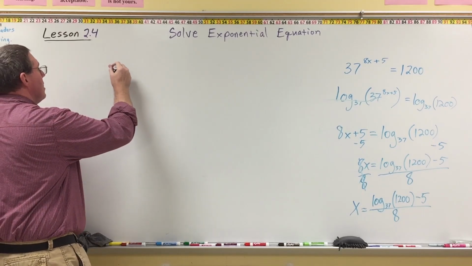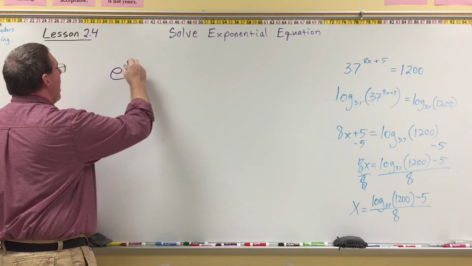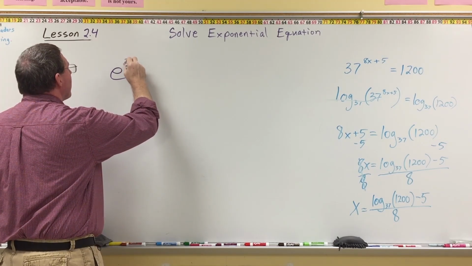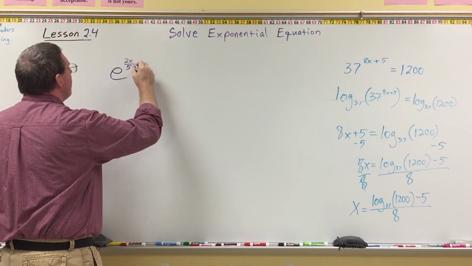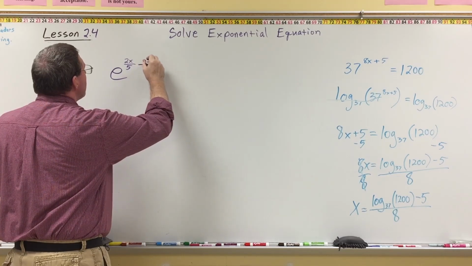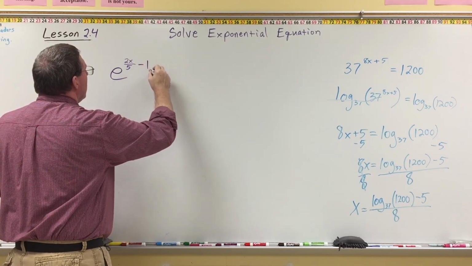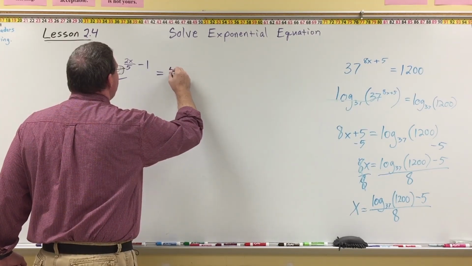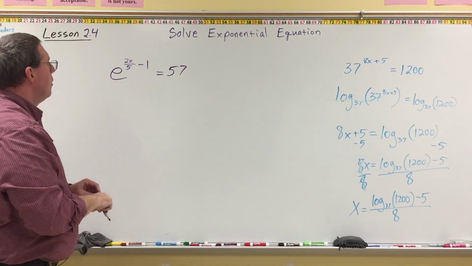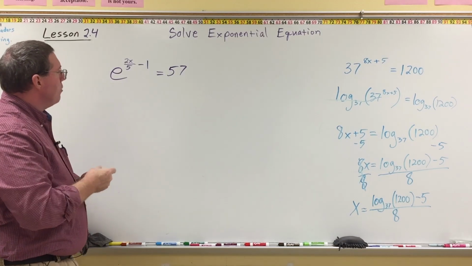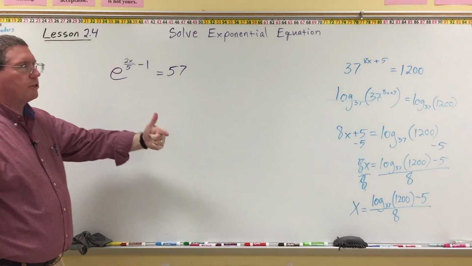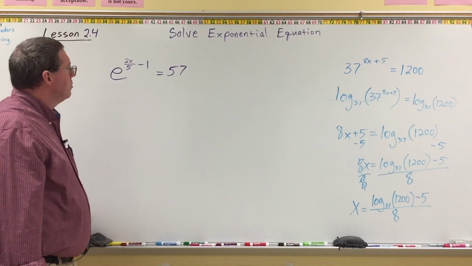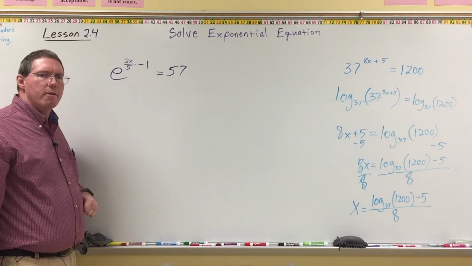What if we had e to the power of 2x over 5 minus 1 equals 57, okay? Why don't you try this one on your own? This actually has one extra step that we haven't done yet, but I think that with your skill you might be able to do this, okay? Pause the video and try this.